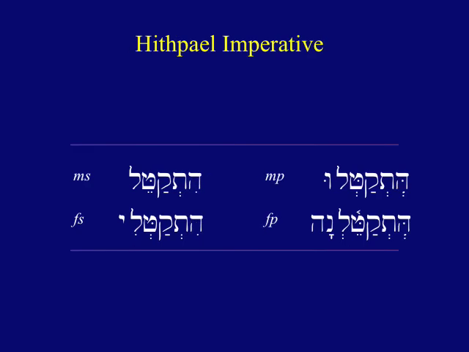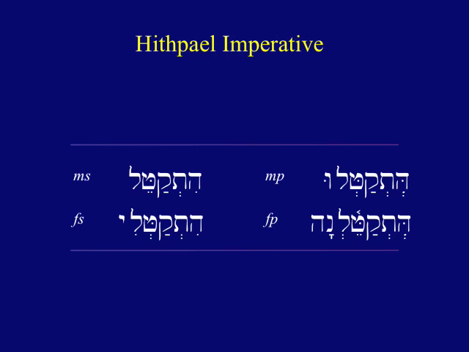The imperative, hitkatel for the masculine singular. That is, it's just the same as the third masculine singular perfect. But the rest of the pattern is of course not the same as the perfect. So masculine singular, do thus and so, hitkatel.